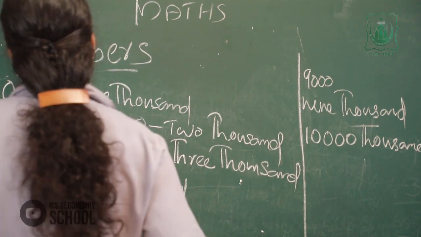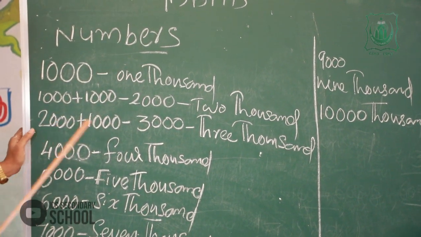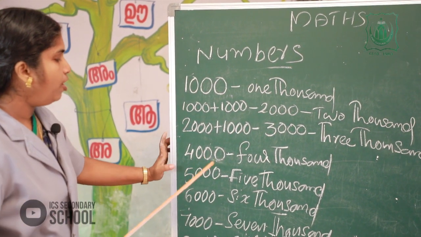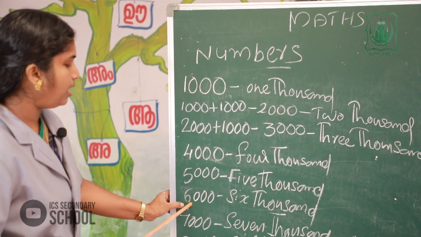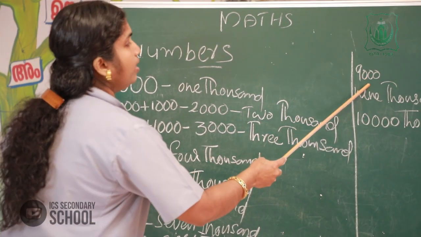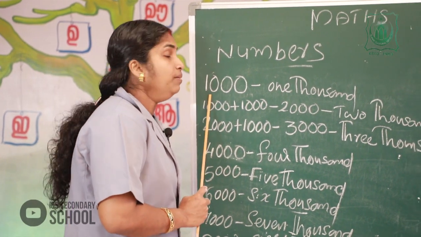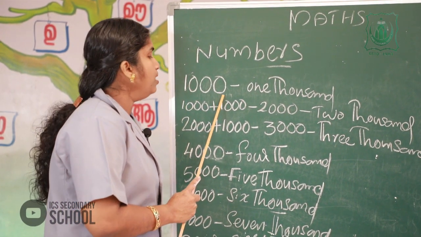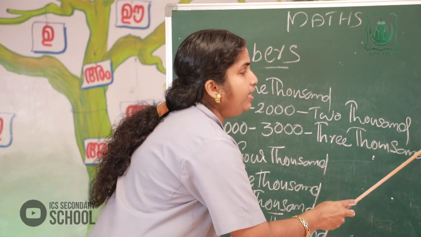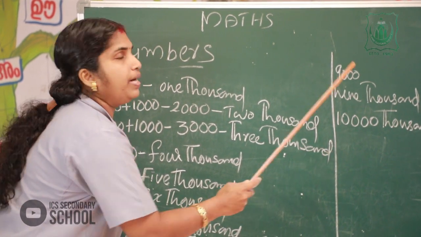Please read it: 1,000, 2,000, 3,000, 4,000, 5,000, 6,000, 7,000, 8,000, 9,000, 10,000. 1,000 is the smallest 4-digit number. 10,000 is the smallest 5-digit number.